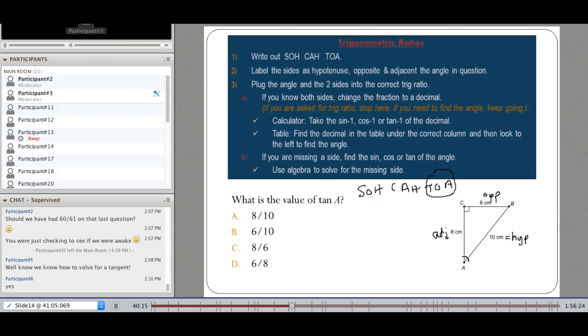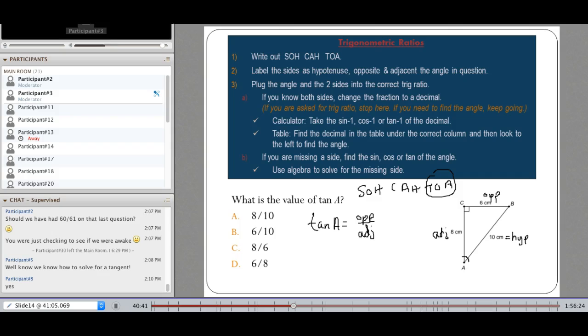So we're looking for the tangent of A, which is going to equal the opposite over the adjacent. With tangent, we're not looking at the hypotenuse at all.